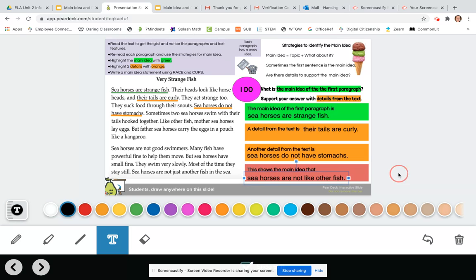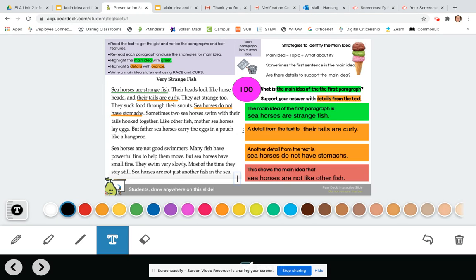Now I'm going to reread my entire RACE response to make sure it makes sense. Check for capitalization, punctuation, and spelling's no problem because I'm using the words right here from the text. Follow along with me as I read my RACE response. The main idea of the first paragraph is seahorses are strange fish, period.